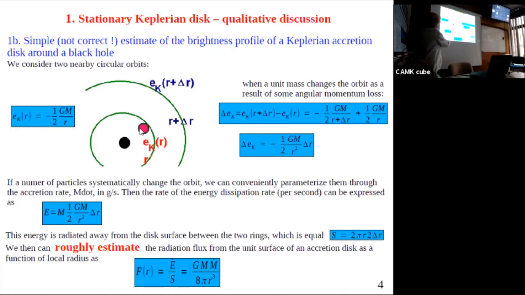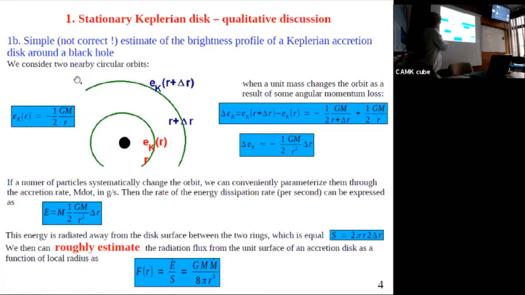We will assume that orbits are just Keplerian orbits, circular Keplerian orbits, and that's enough. So you must say that there is some viscosity, otherwise nothing would happen. But otherwise, if you assume that you have certain stationary accretion rate, certain drift from one orbit to the other, you can describe the whole disk without knowing anything whatever about viscosity. And that's the important thing in this classical simple theory.